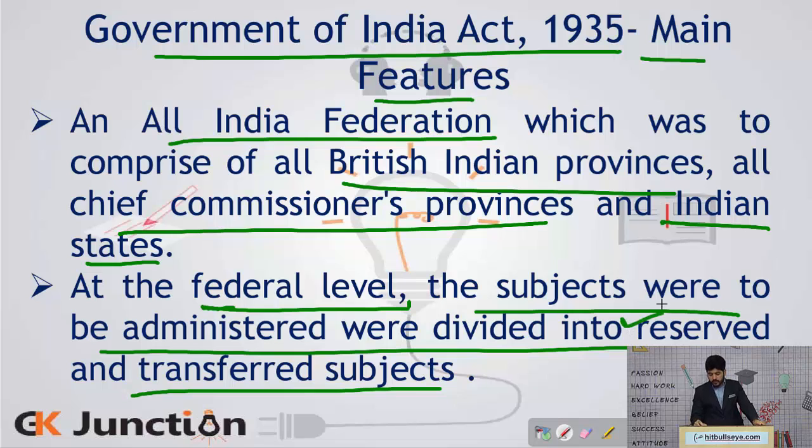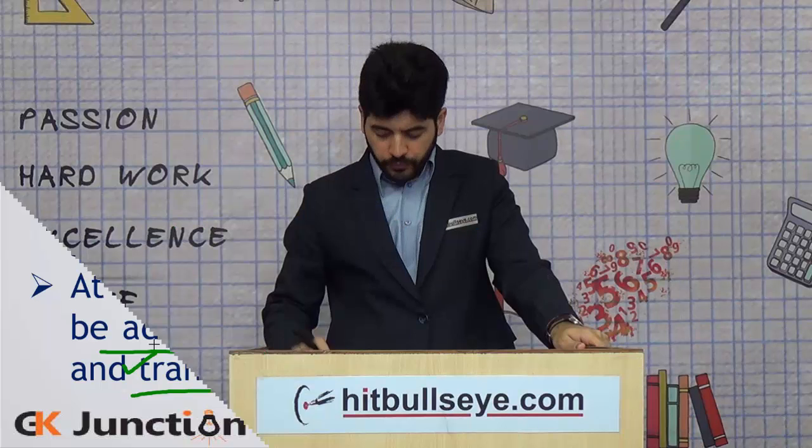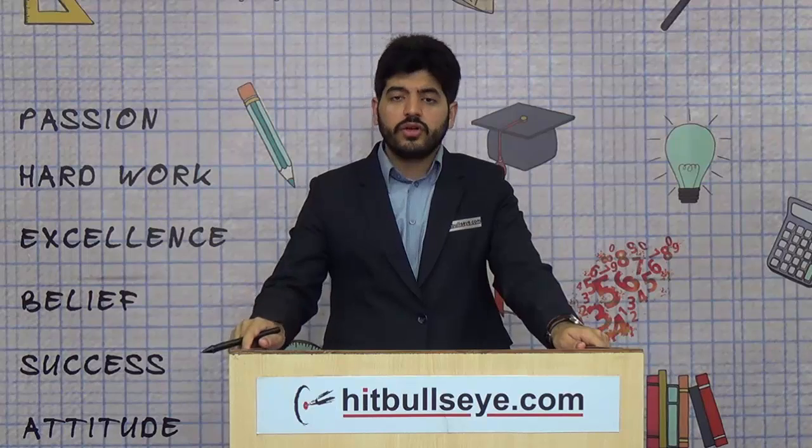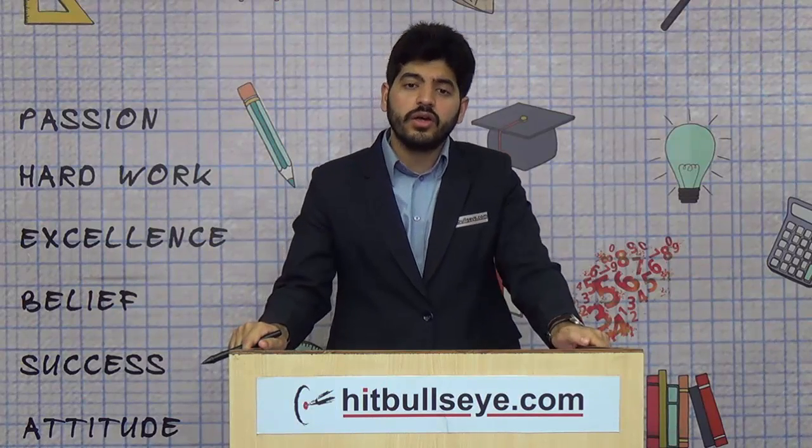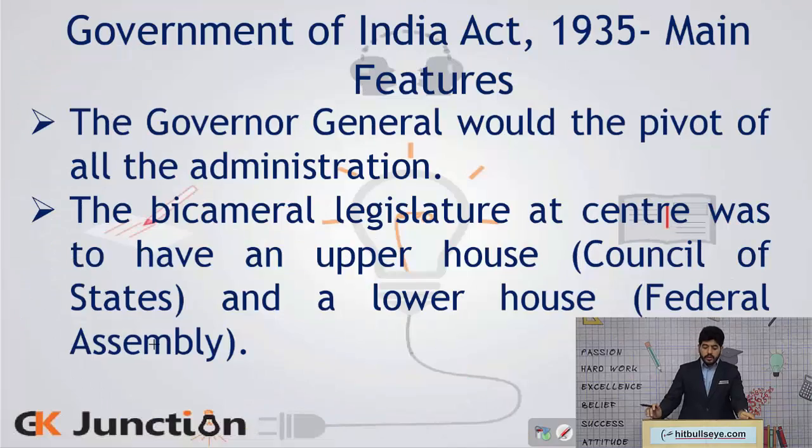The reserved subjects would be kept by the viceroy and the transferred subjects would be given to Indian ministers who would be responsible to the Central Legislative Assembly. So some kind of devolution of powers to the Indians had been started here. The Governor General of the country would be the pivot of all administration in the country.